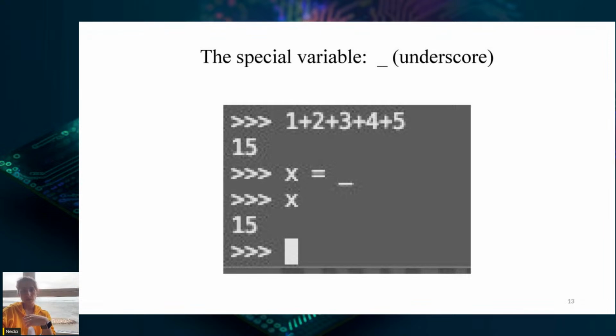For example, we write in the REPL 1 plus 2 plus 3 plus 4 plus 5, and the result will be 15. If I want to access this 15 later, I can use x equals underscore. And if I want to know what is inside x, I can show it, and I can see that the number 15 is stored in x. So I can store the result using the variable underscore.